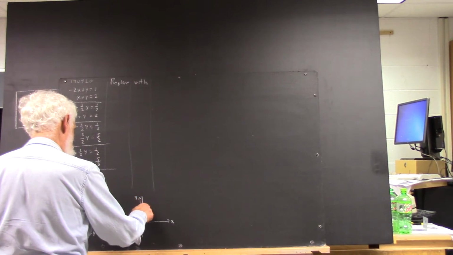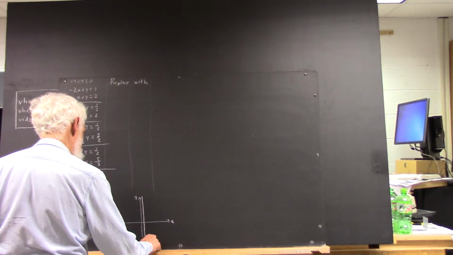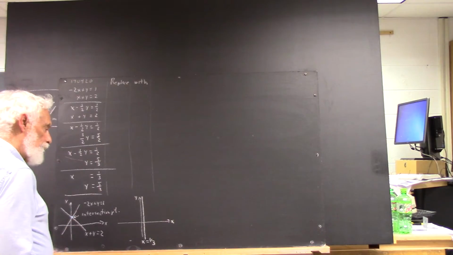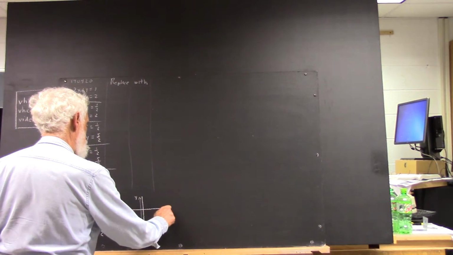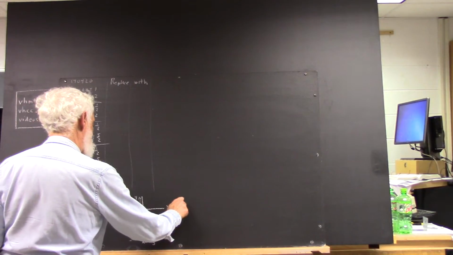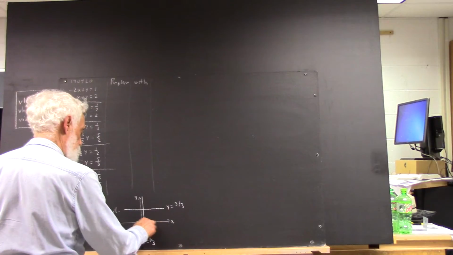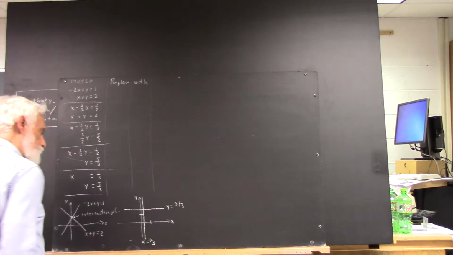The line x equals 1/3 is right here, and the graph of y equals 5/3 would be right here, assuming that 1 is up about here, so this is 1/3, and 1 is up here, so this is about 5/3.